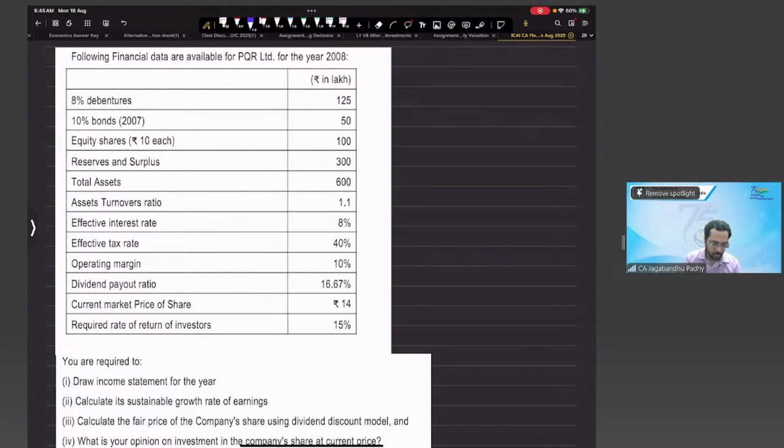Look at this. We have the debentures, bonds, equity shares, reserves and surplus, assets, asset turnover, effective interest rate, operating margin, dividend payout. So first you have to obtain the income statement, then get the sustainable growth rate as retention ratio into return on equity, and then calculate the fair price using dividend discount model.